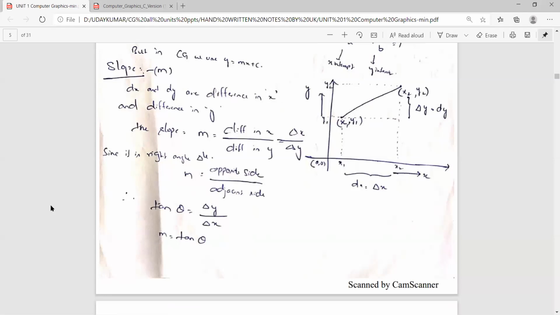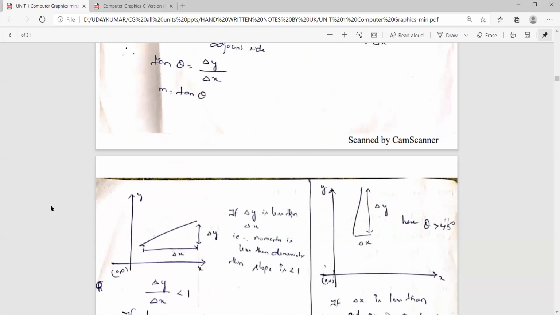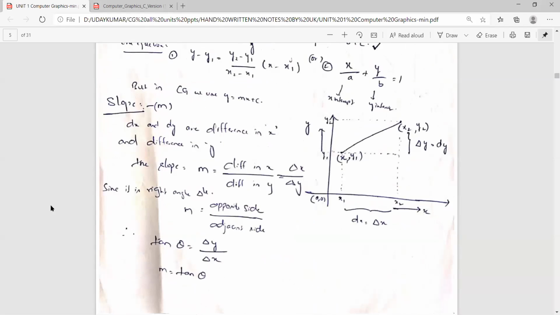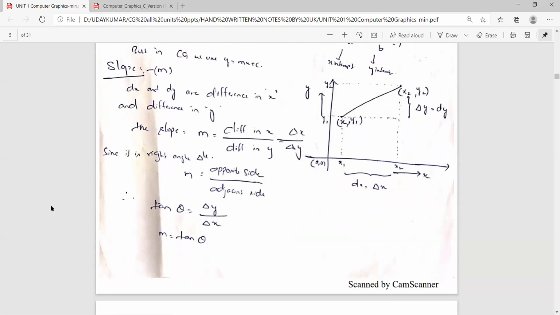So this is one case. We can treat it as one formula. If you take delta x and delta y values in this format, the straight line in this format, then we get m equal to tan theta.